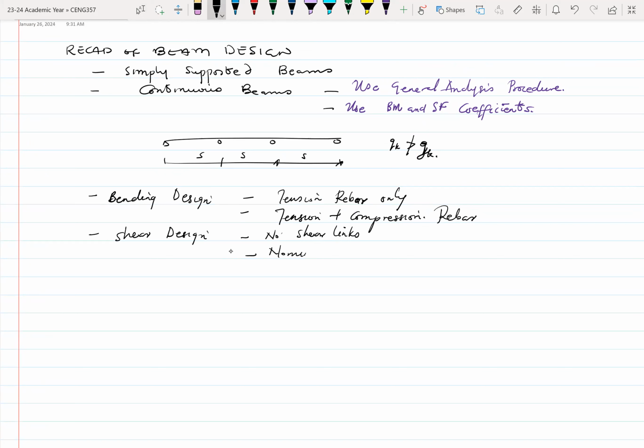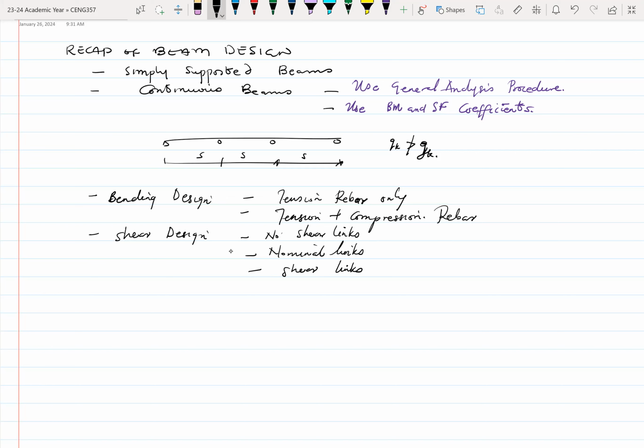Okay. So a beam can have all three. It can have the case whereby some parts need shear links, some parts will need only nominal links, and some parts will not need links at all. Or it can only have two, where some parts need shear links and nominal links, or either one of these. Okay, and this is what goes into a typical beam design.